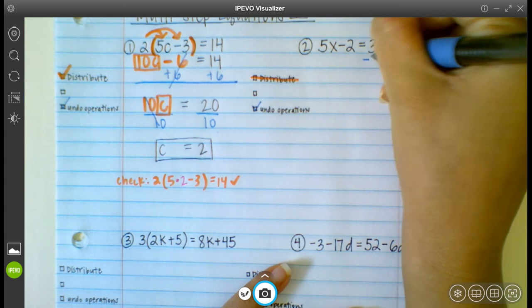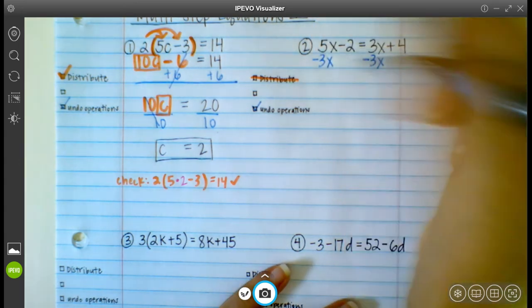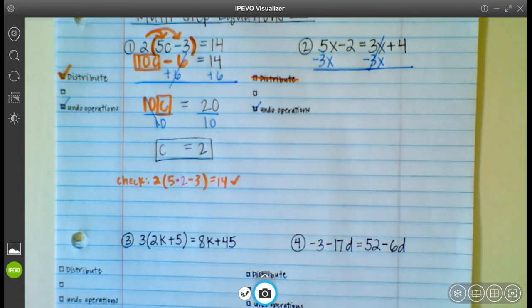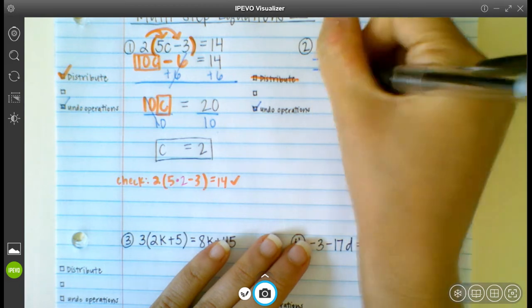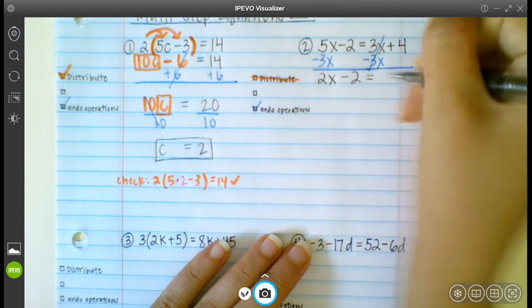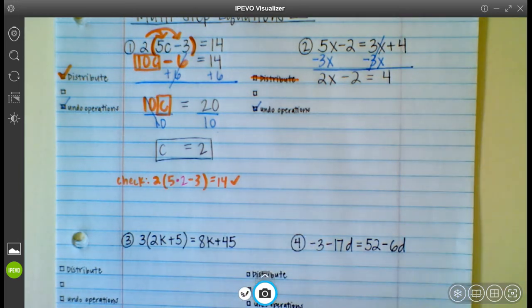So to move it, I'm going to undo it by subtracting. And so we're going to go through and we end up taking 5x minus 3x is 2x minus 2 equals, drop down our 4. And now we can actually start solving like a normal equation.